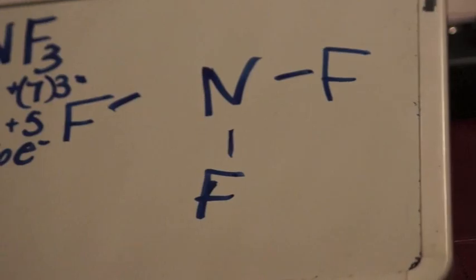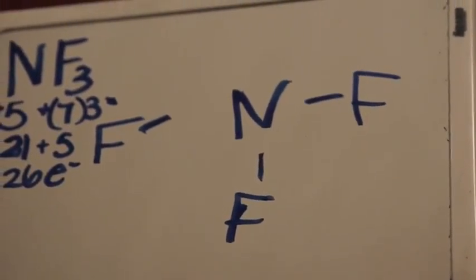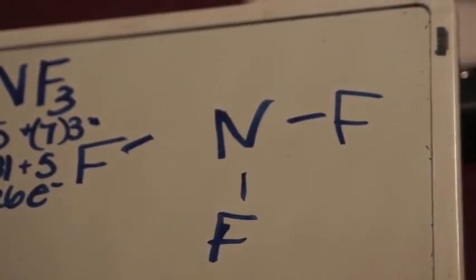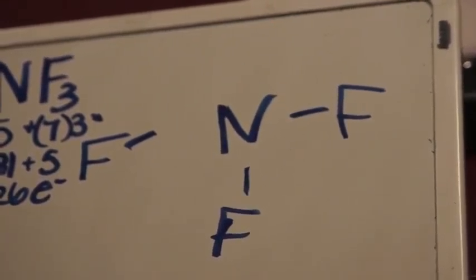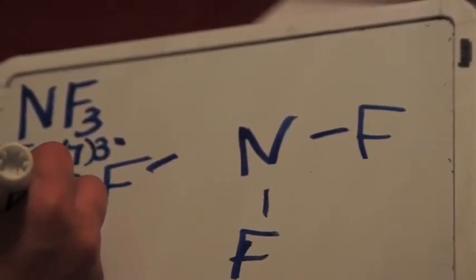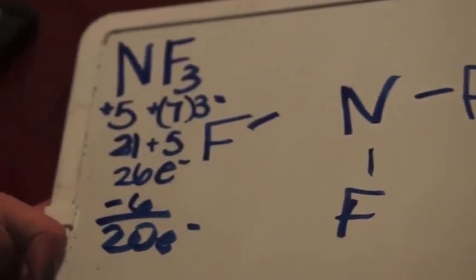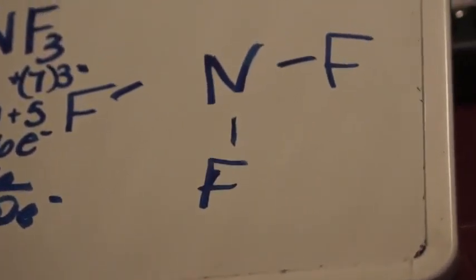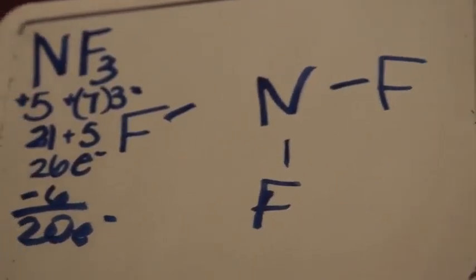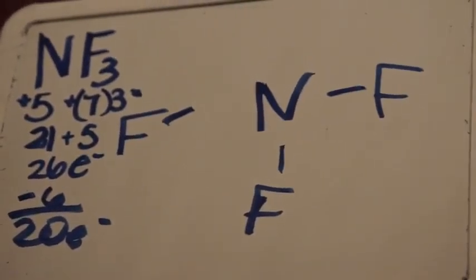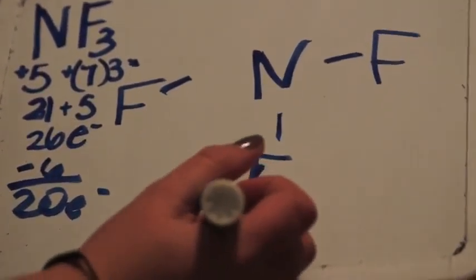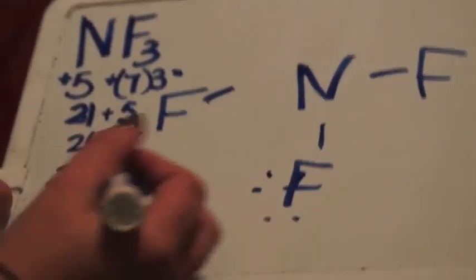And remember that each of these lines represents a single bond, and that is the sharing of 2 electrons each. So that means that they are each sharing 2. We'll draw the dots.